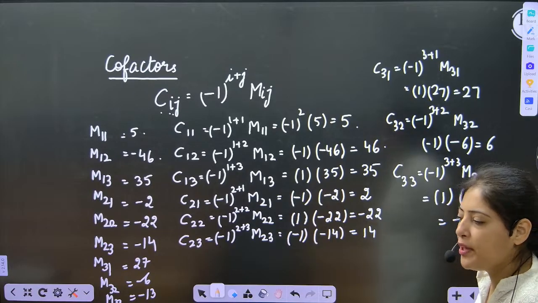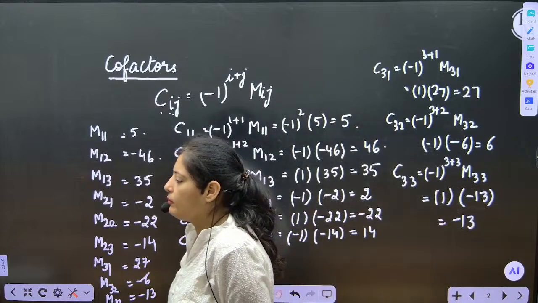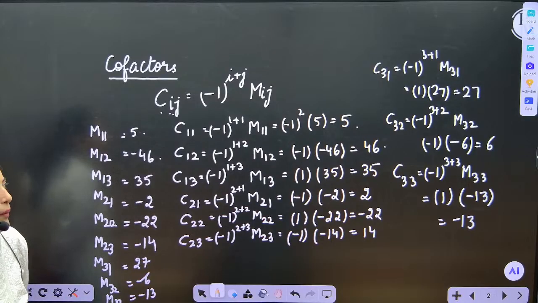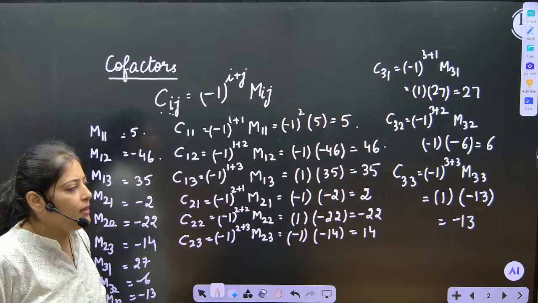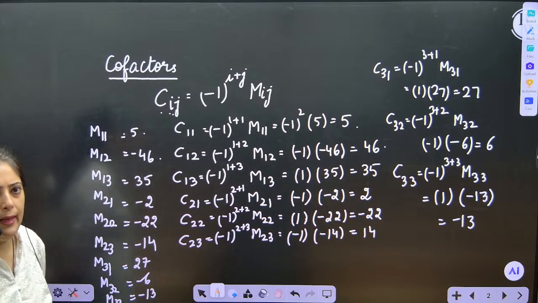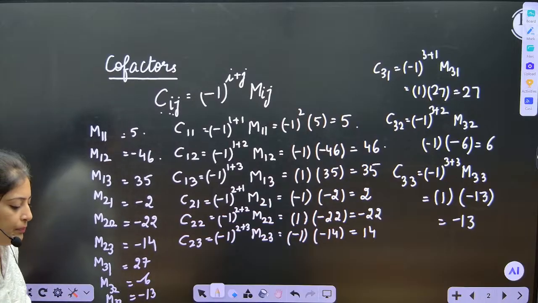After this, I'm going to tell you adjoint. See, this is the concept. When we do more questions, again these concepts will be applied there and will be revised also side by side.